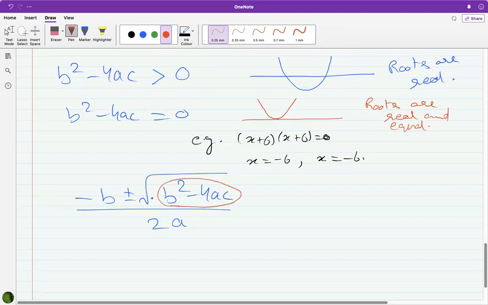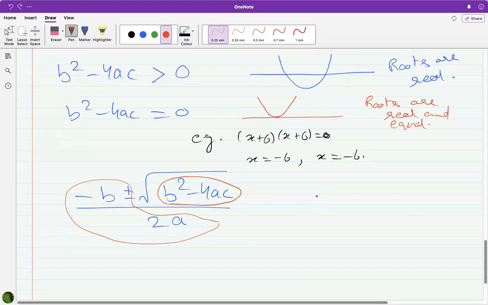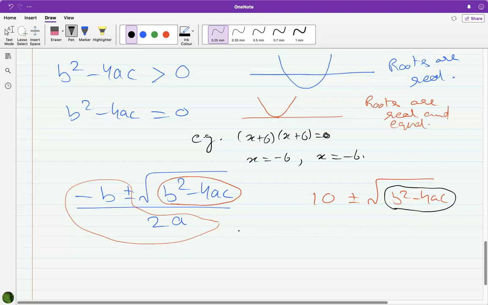Just for our ease, I can take the remaining thing as, let me say, denominator 1. If I say I have 10 plus minus square root something, then when b square minus 4ac is less than 0, that means negative.